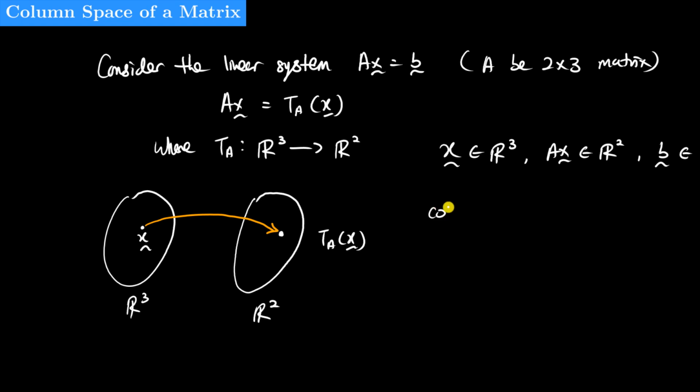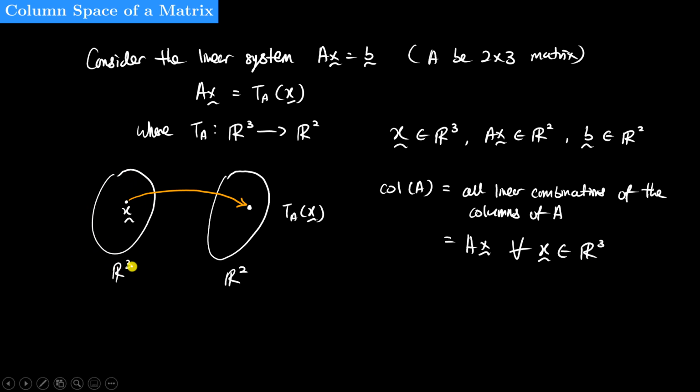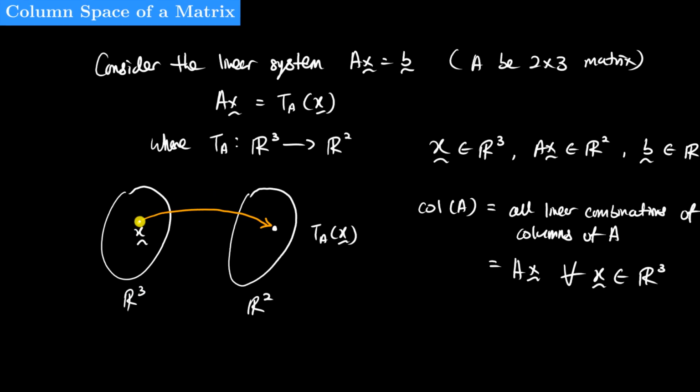Now the column space of the matrix A is defined as all linear combinations of the columns of A. So this is actually equal to Ax using the column view for all x in R3 space, the input space. So each vector x in the R3 space is being mapped to its image T_A(x) in R2 space.